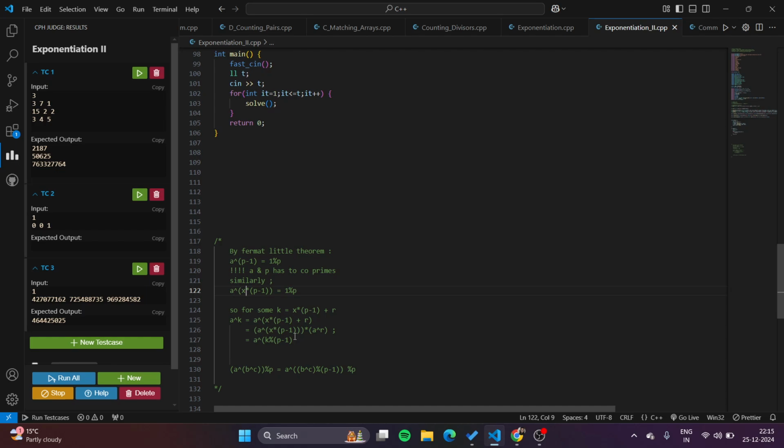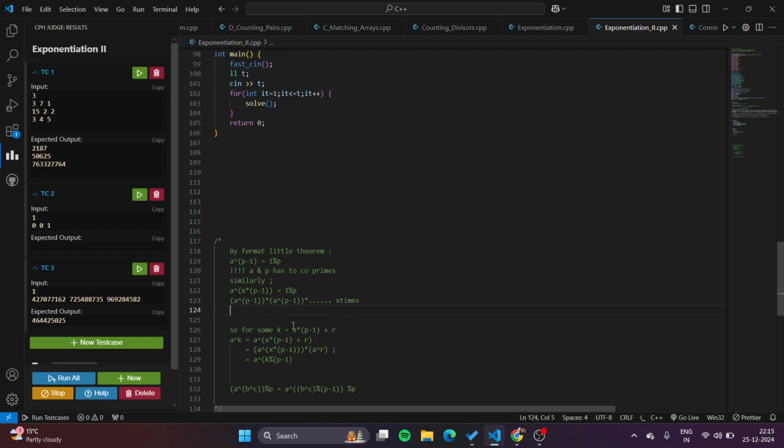If it's not, you can just do this: you can also write a raised to the power p minus 1, into a raised to the power p minus 1, into, and so on, so on, so on. And also the modulo, you can take it anywhere, right? But anyways, we won't require that. The whole thing till x times, okay? X times.